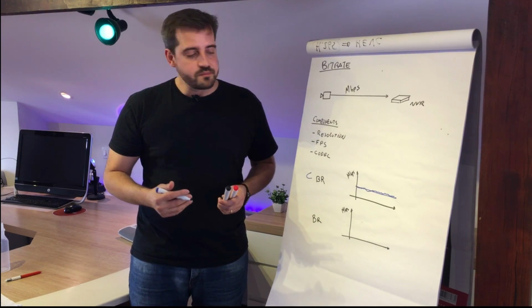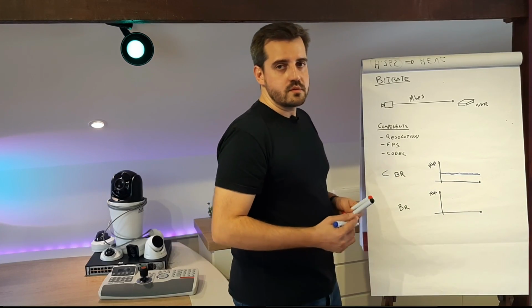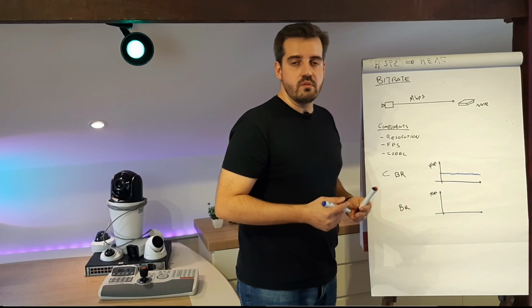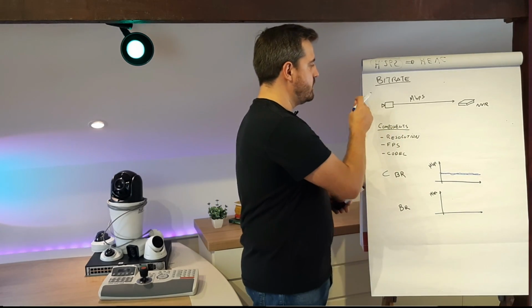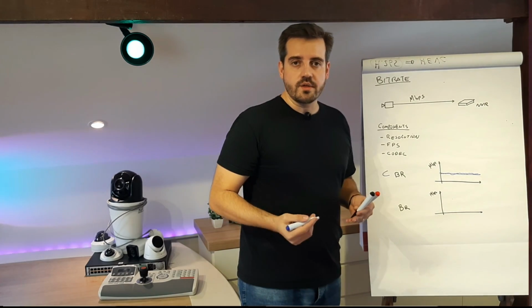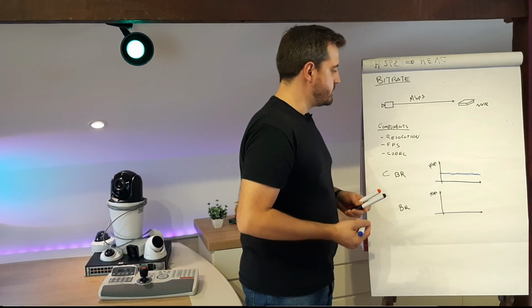One of the pros of using CBR is that, as it's a constant flow of information from the camera to the NVR, it's easier to calculate the storage that we'll have for that channel.